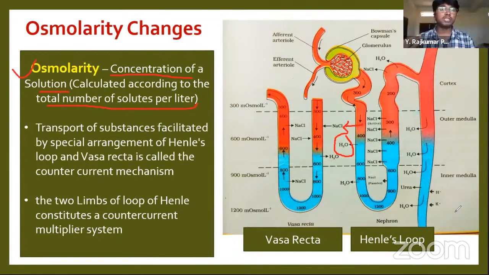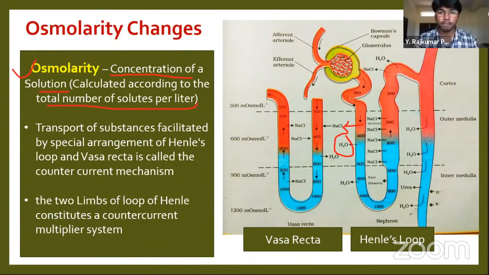If we add 10 spoons of sugar or 10 spoons of salt to one glass of water, its concentration is very high, its osmolarity is high. Why is it high? Because the number of solutes per liter is high. The amount of solutes decides the concentration, the osmolarity of a solution.